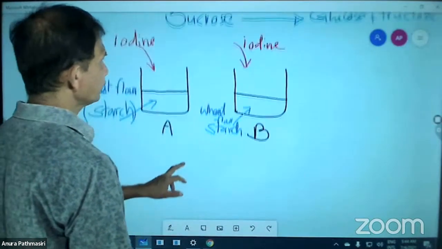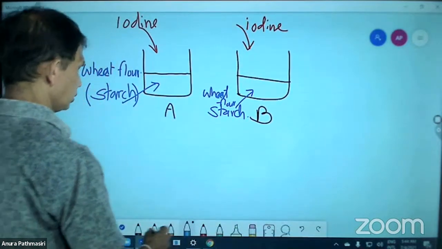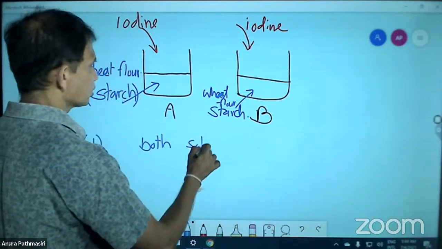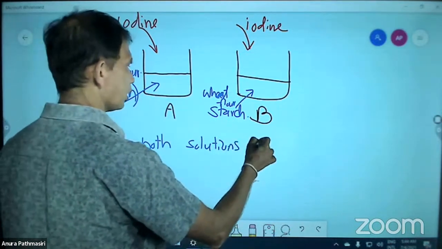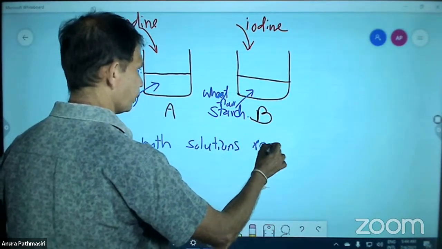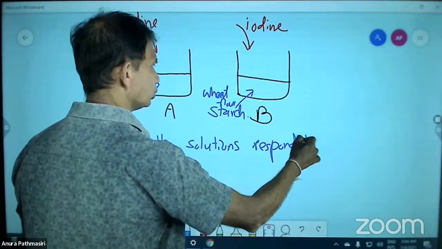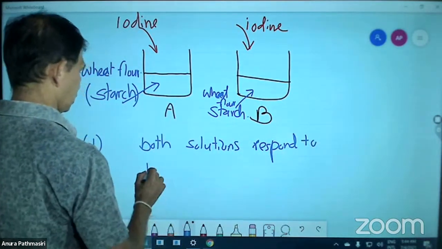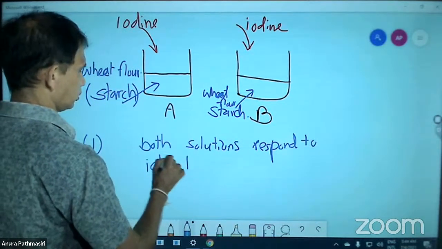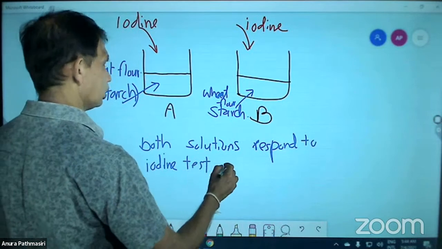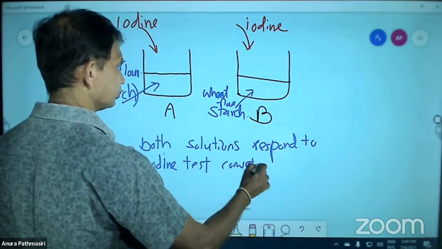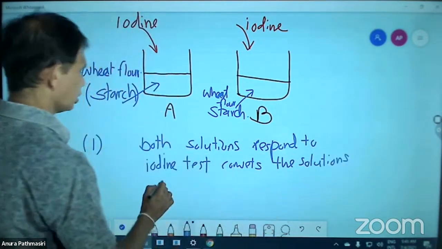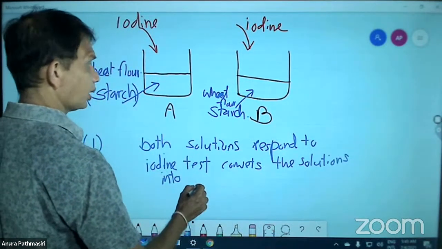So the very first observation is that, step one, both solutions respond to the iodine test and convert the solution into which color?